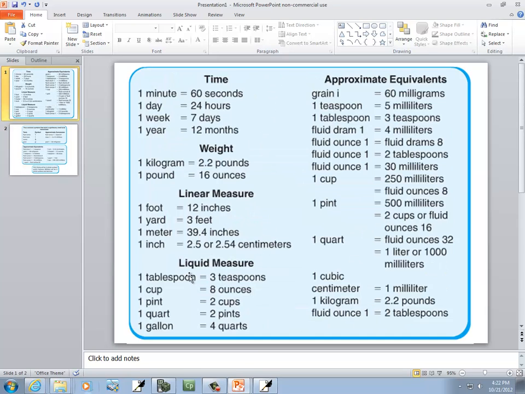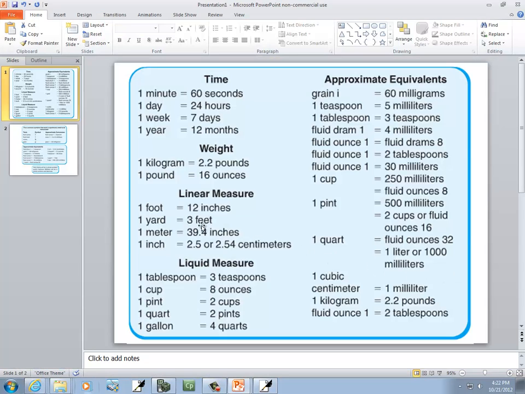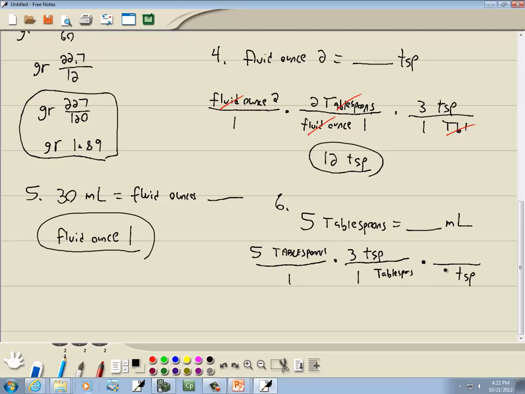Okay, so remember, 3 teaspoons is 1 tablespoon. So I can change this. 3 teaspoons, 1 tablespoon. Again, tablespoons up here, tablespoons has to be down there. Now if teaspoons is up there, then teaspoons has to be here. And we said 1 teaspoon is equal to 5 milliliters.